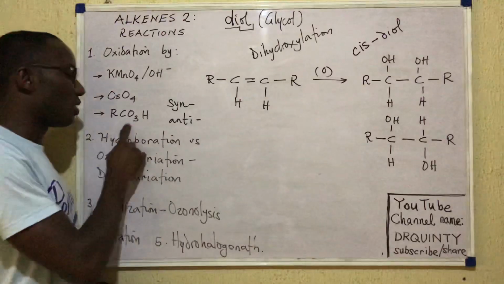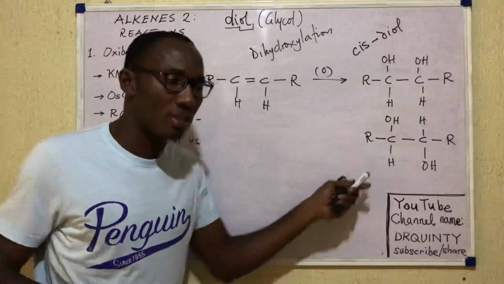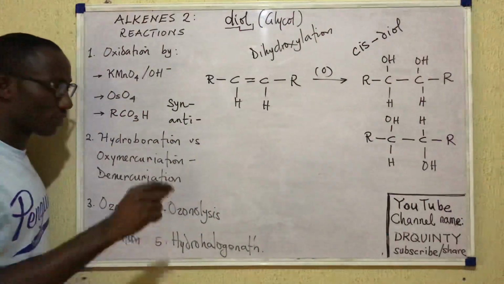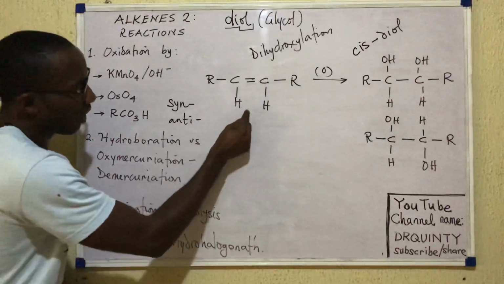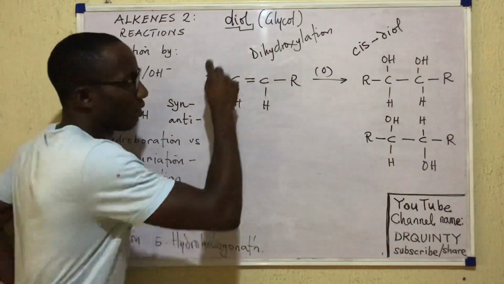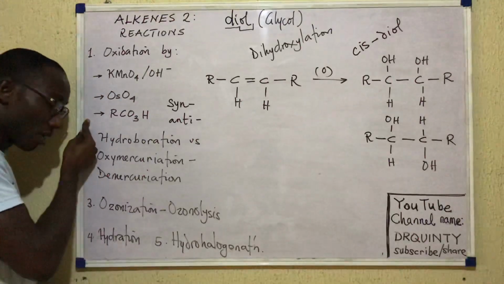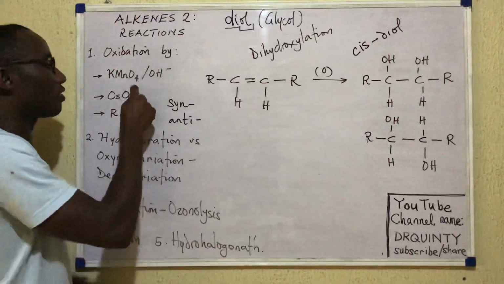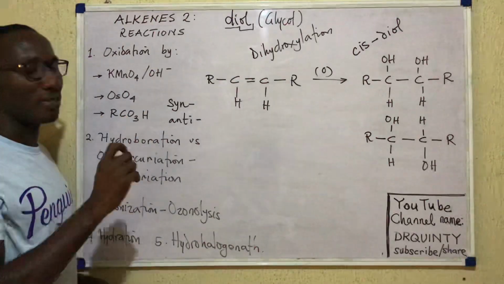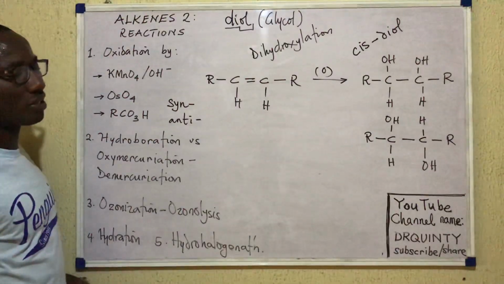But if you use this last one, you get a diol that is trans. So while it is correct to say that dihydroxylation of an alkene, which converts an alkene into a diol, can be achieved with any of these three, it will also be important to note that for the first two, the diol you get is cis, whereas for the last one, the diol you get is trans.